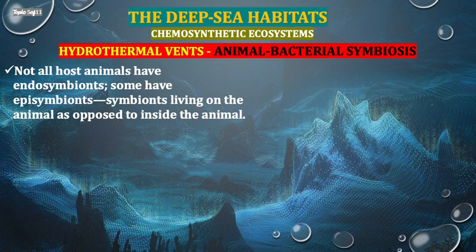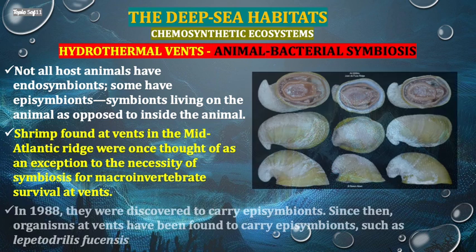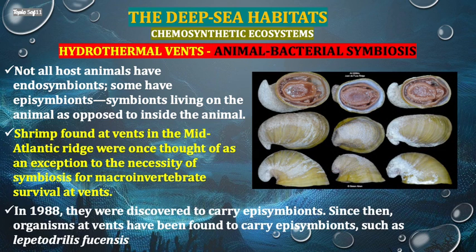Okay, so not all host animals have endosymbionts in their body because some have episymbionts, where the symbiont, or the bacteria, in particular lives on the animal externally as opposed to the inside of the animal. So shrimps at the vents, for example, in the mid-Atlantic ridge were once thought not to have benefited from symbiosis for macroinvertebrate survival at the vents.